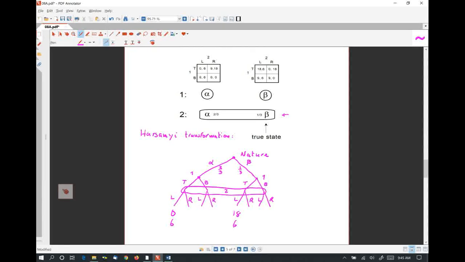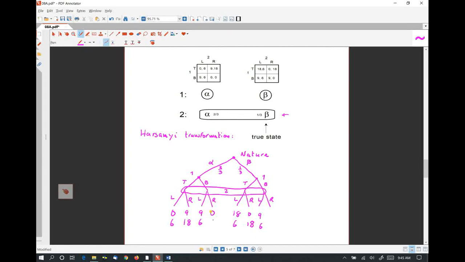Payoff from TR is 9, 18 if the game is the one associated with state alpha, but it is 0, 18 if the state is beta, and so on. So TR, and then we have BL, 9, 6 in both cases.